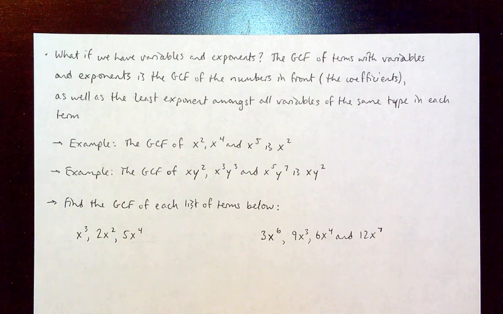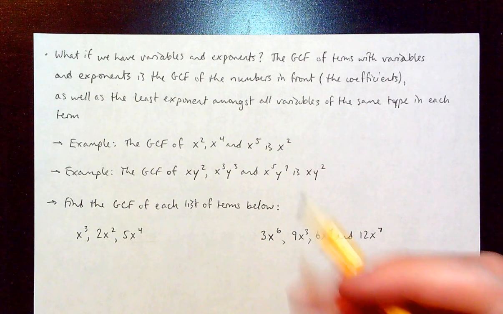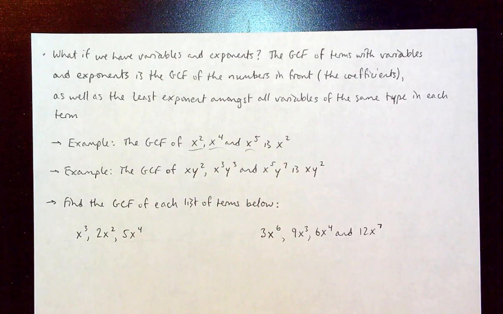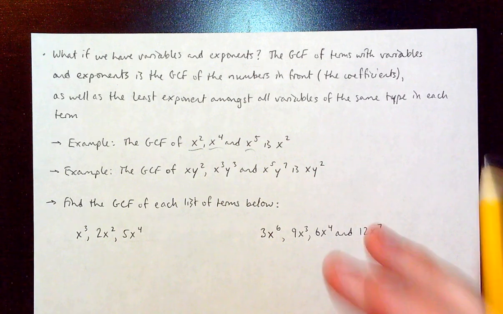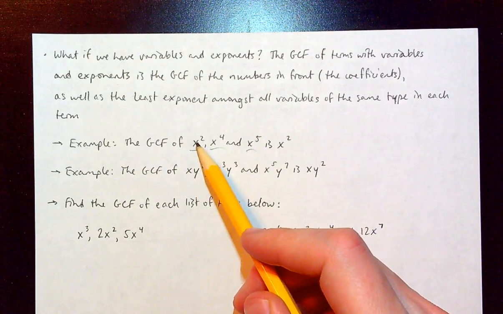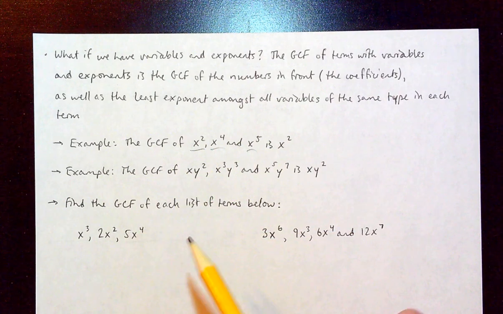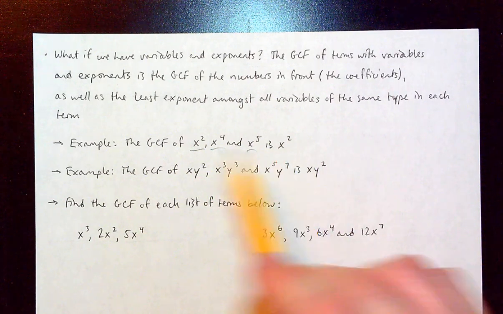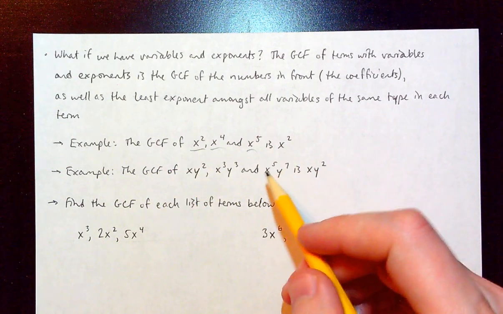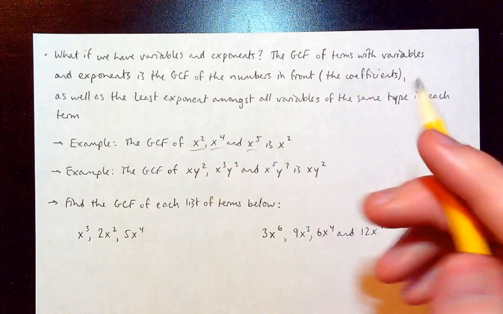So here is some clarity as to what I mean. If I have x squared, x to the fourth, and x to the fifth power, each of these terms has the same variable, x, and each one is raised to some power. We're going to take the smallest power that there is, and that is going to be the exponent on the variable that's in my GCF, because I can write x squared as just 1 times x squared.